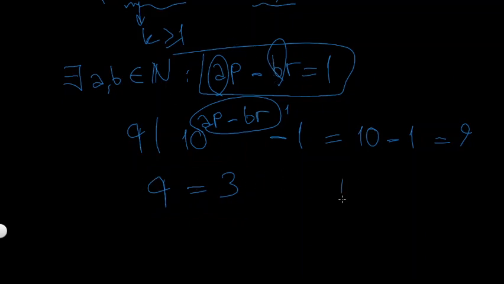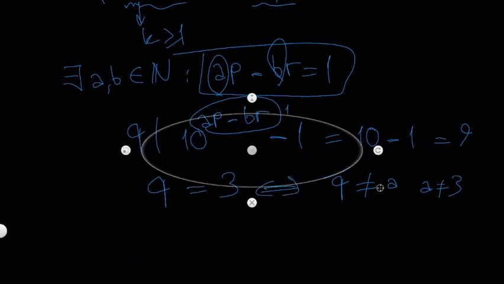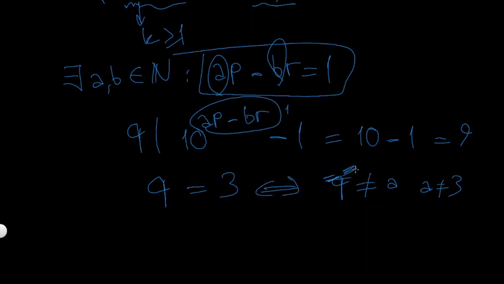So Q cannot be something that is not equal to 3. Anyway, it's just saying the same thing as this one. Okay, so I found that Q has to be 3 to satisfy these ones. And now let's see why it can't be 3.